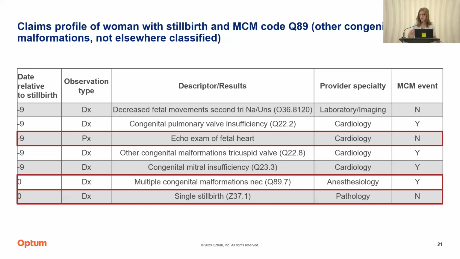So, was there imaging? Were there office visits to specialists? And that's exactly what we see. We see 9 days before the non-live birth, an echo exam of the fetal heart, which has an MCM associated with it. And then in the bottom row, you see the stillbirth is in that Q89 code we were looking for.